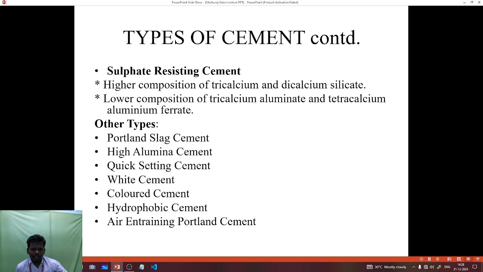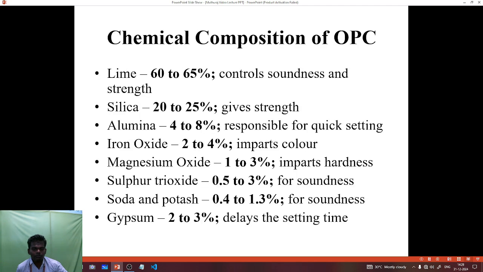Sulfate resisting cement has a higher composition of tricalcium and dicalcium silicate and lower composition of tricalcium aluminate and tetracalcium aluminoferrite. The other types of cements are Portland slag cement, high alumina cement, quick setting cement, white cement, colored cement, hydrophobic cement and air entraining Portland cement.